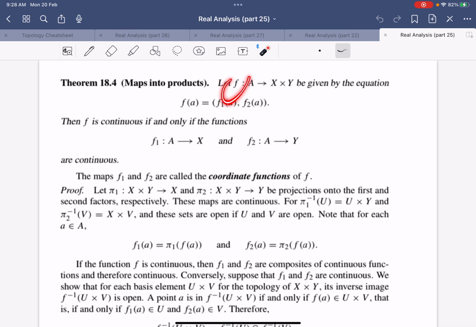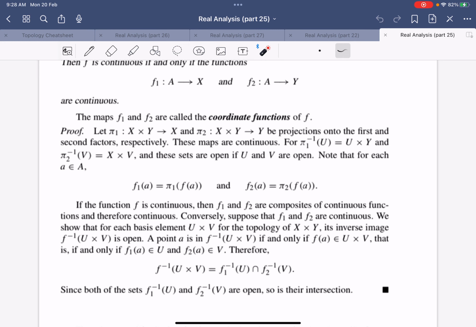And we say that this F is continuous if and only if in each coordinate F1 and F2 are continuous. Let's see the proof. We let pi1 and pi2 be projections onto the first and second coordinates. Then these maps are continuous.